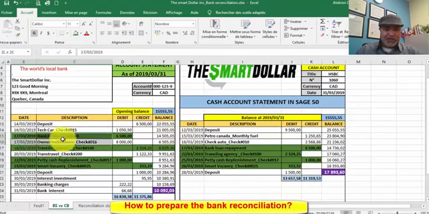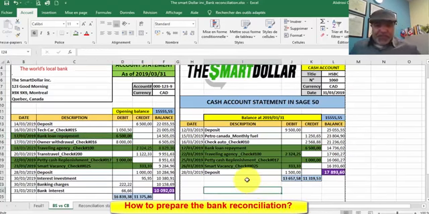So good. So let's see which one is mentioned or displayed in bank statement and not in our cash book, and vice versa. What was recorded in our cash book and not mentioned in bank statement.